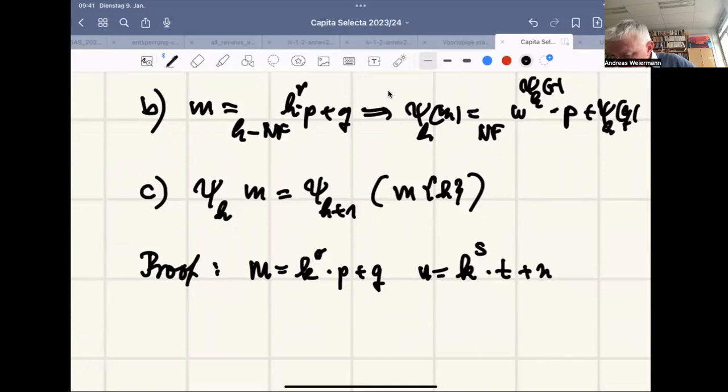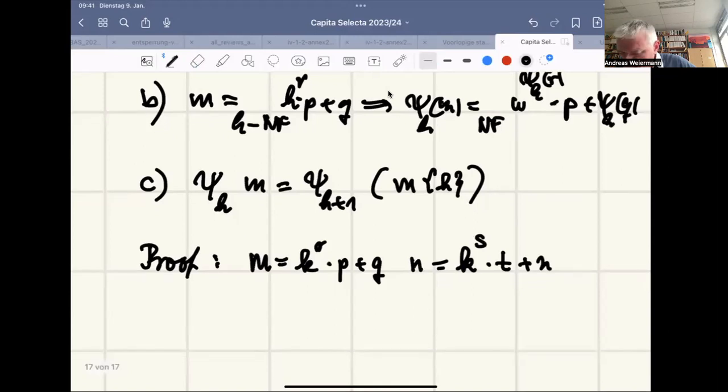Now, assume that m is smaller than n. Case 1 is r is smaller than s. But then it's simple. Apply the induction hypothesis.